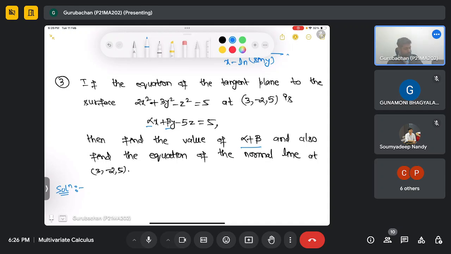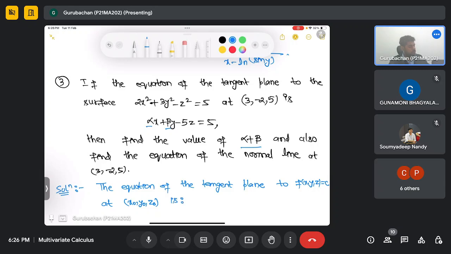So I'm just recalling the equation of the tangent plane to some f(x,y,z) equal to c at some point (x naught, y naught, z naught).